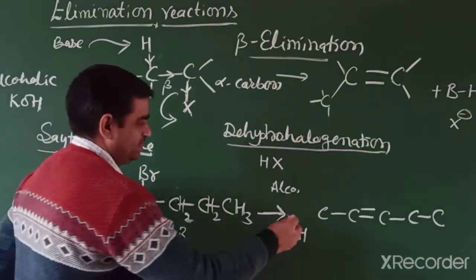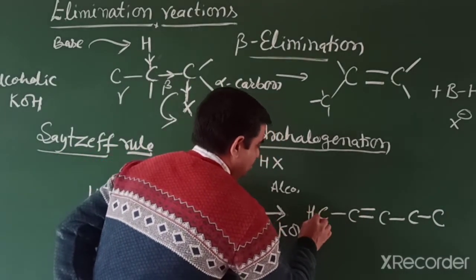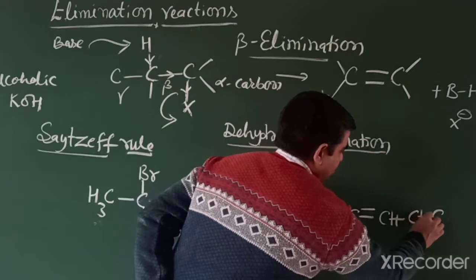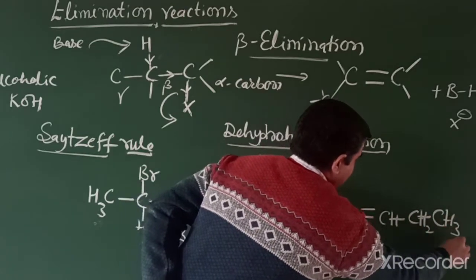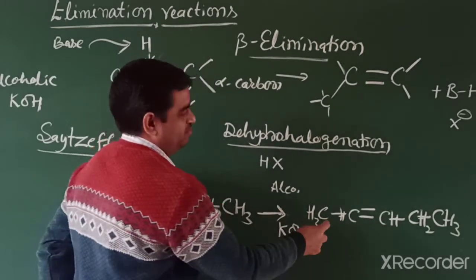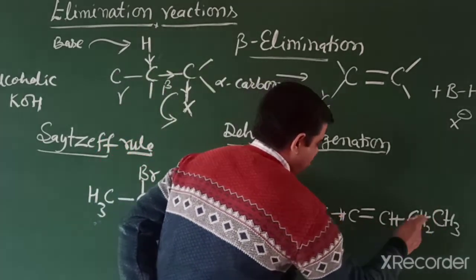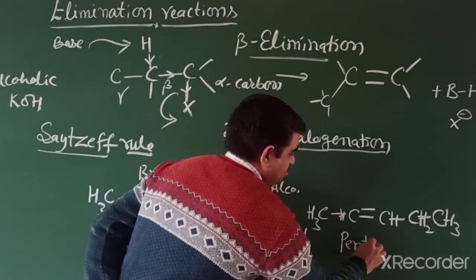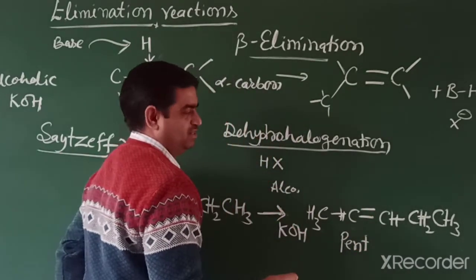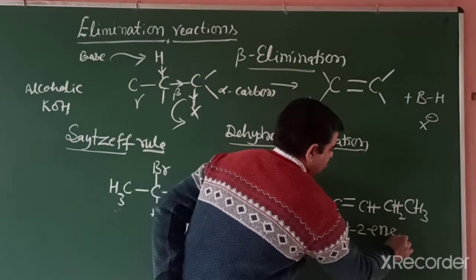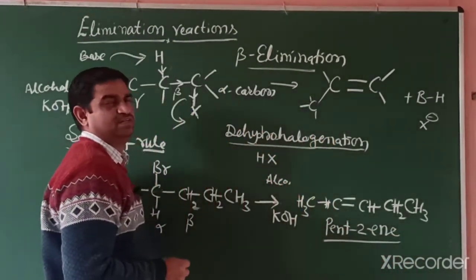So we get an alkene like this. What is the IUPAC name of this alkene? 1, 2, 3, 4, 5, so 5 carbons, so pent, and the double bond at the second carbon, pent-2-ene, or we can say 2-pentene.